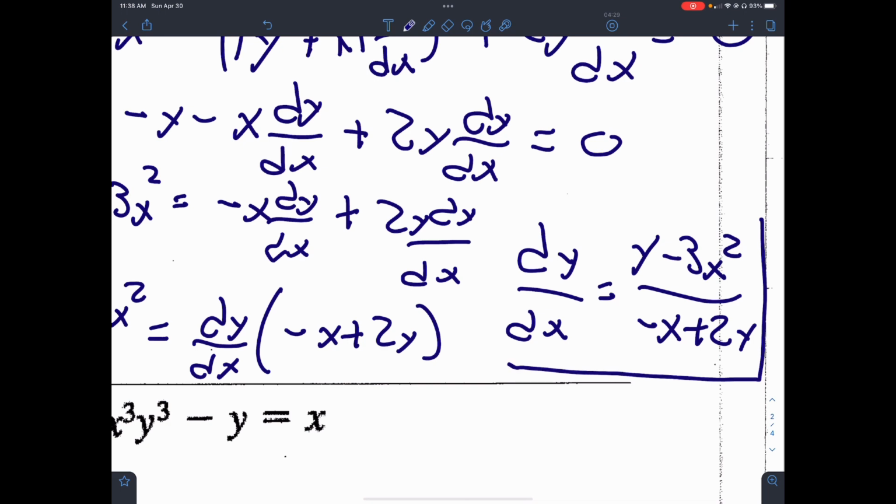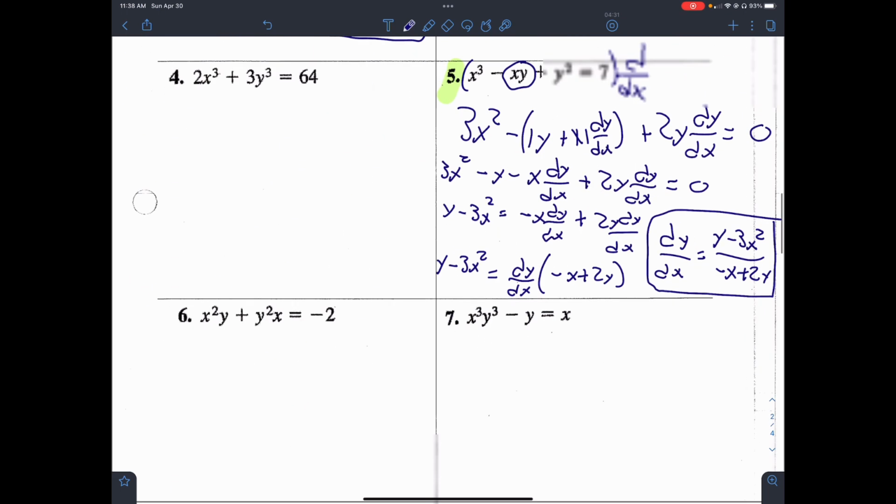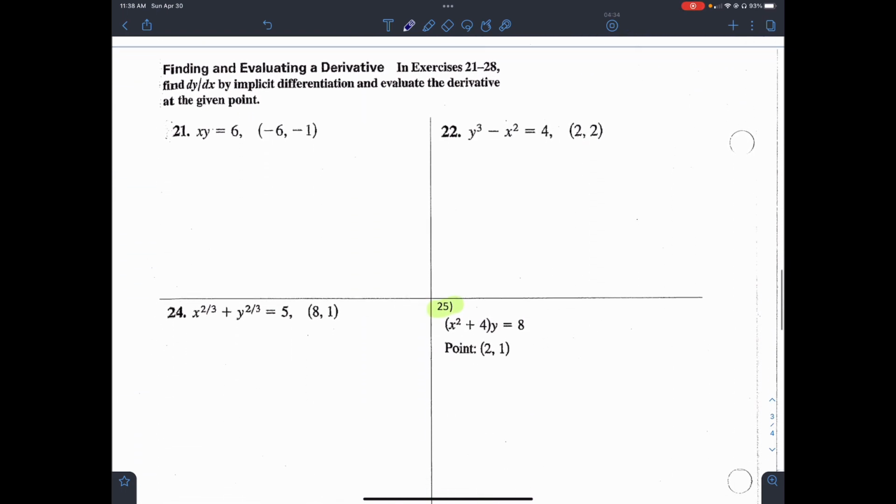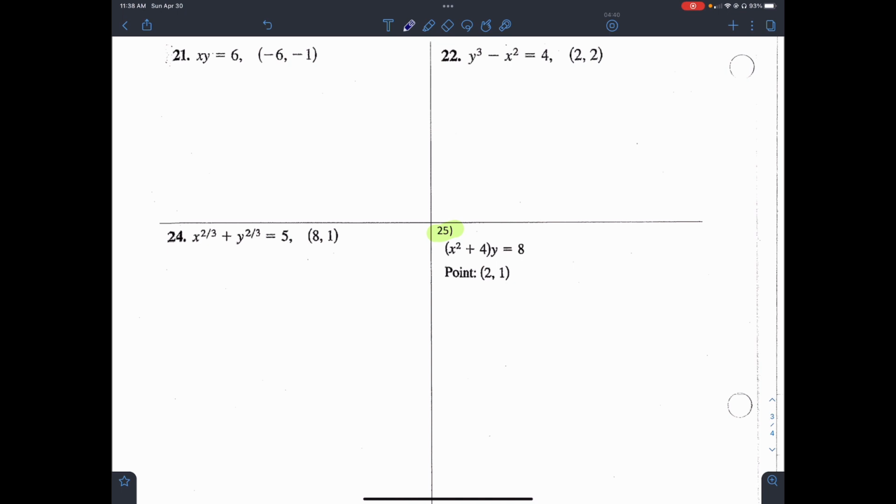Cool. So that's how you do that with the product rule. And then finally, number 25. This is another product rule case, so you treat these as two individual terms.